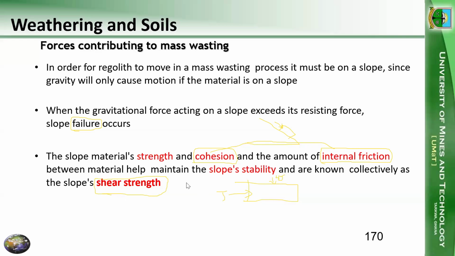This shear strength, all right, meaning the resistance of the soil to shearing forces, is controlled by two parameters, cohesion and friction or internal friction. So the shear strength, which is the resistance to shearing stresses before failure, is controlled by cohesion and friction.